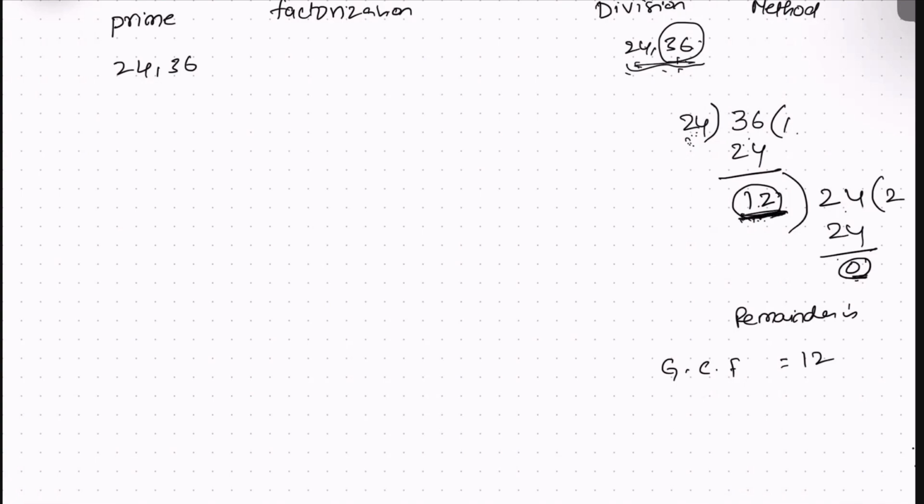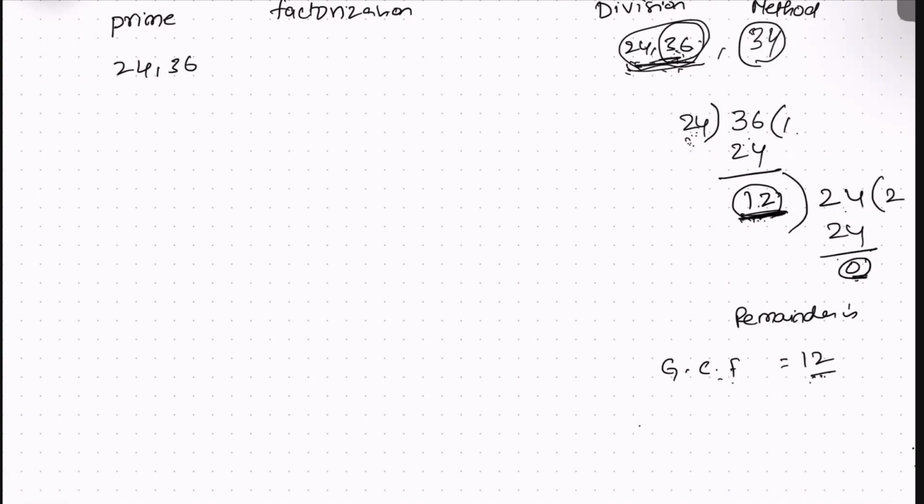In this case, we have just taken two numbers. Say, for example, if I give you three numbers, for the first two numbers you found the GCF as 12. Now you have to repeat the division process for this 12 and the new number. Even if you add any other number, the GCF of these two numbers will not change.